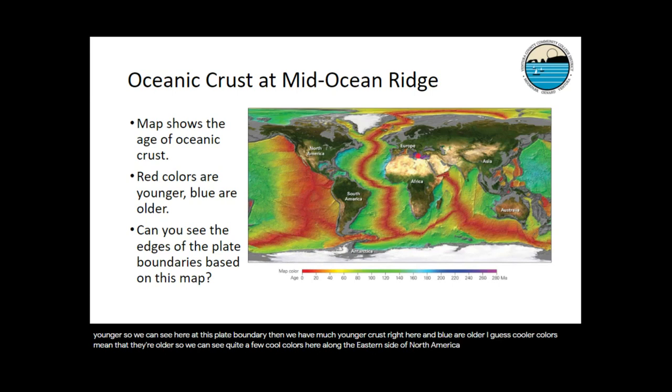Cooler colors here just north of Africa and south of Europe. So from this map, it's probably pretty clear to see where those plate boundaries occur. I'm sure that you can kind of trace them here with your eye. I'm going to outline them here as I move along with my mouse.